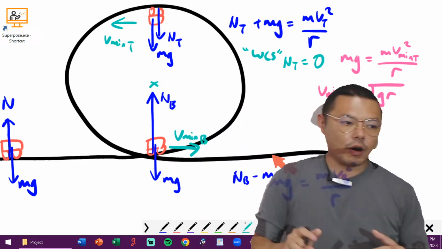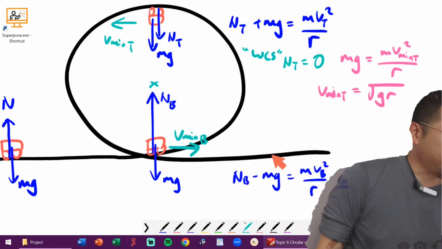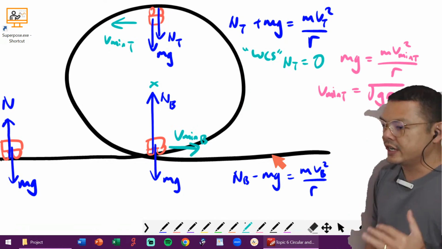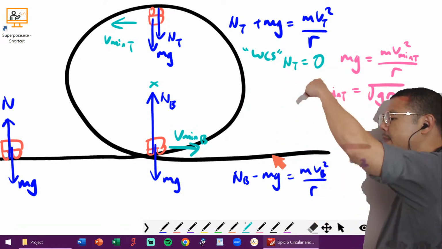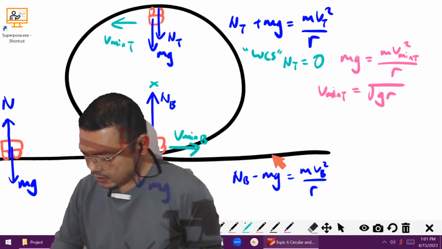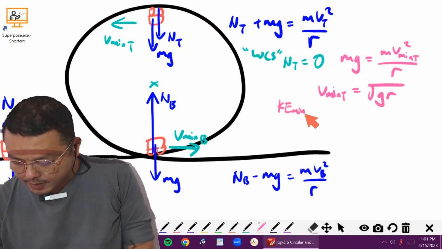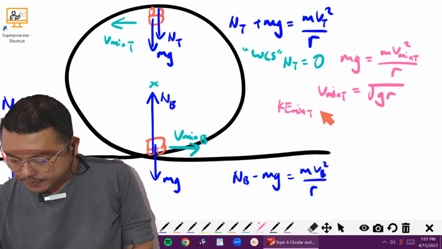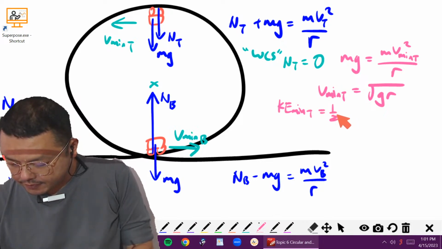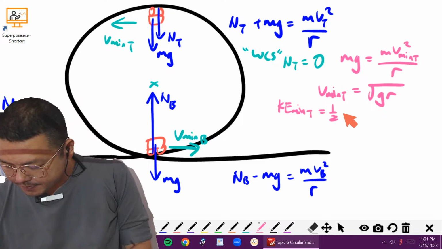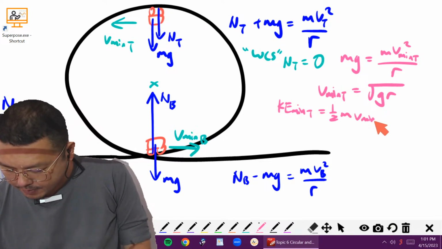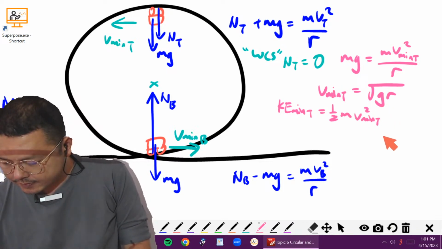In order to do this, you need to use energy. So what is the minimum KE at the top that you need? KE minimum at the top will be half m V minimum at the top squared.